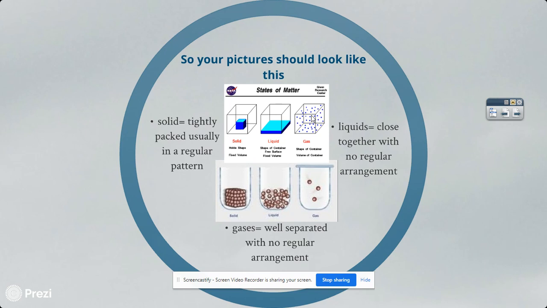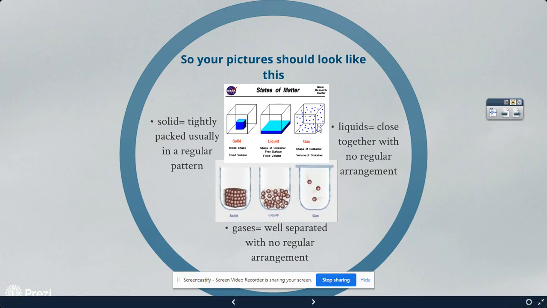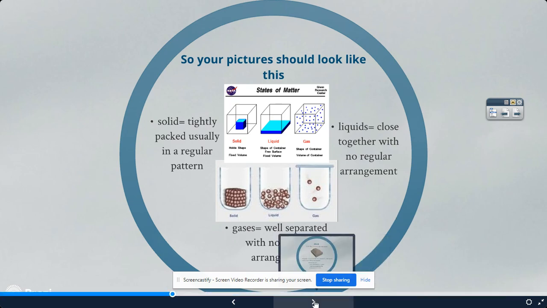All the bubbles, it takes the shape of that container. Okay. So the gas molecules are more spread out. Very, very spread out. Okay. They're well separated with no regular arrangement. So they're just kind of free floating. Okay.